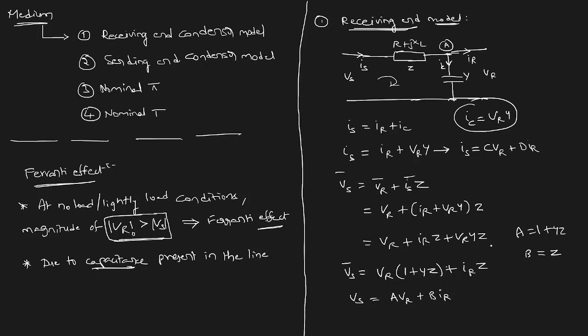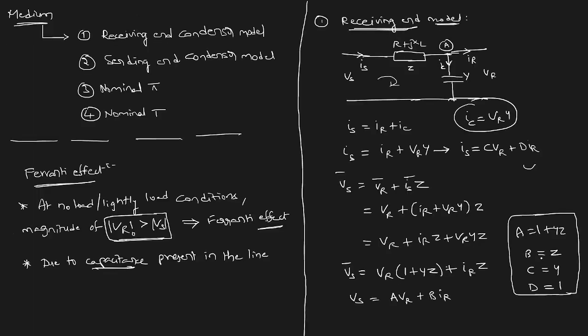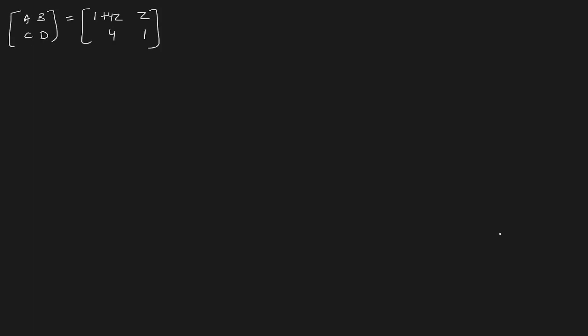If you compare, then the remaining two, C and D, will be: C equal to Y and D equal to 1. Therefore, the ABCD parameters with the receiving end model will be 1 plus YZ, Z, Y and 1. Okay. 1 plus YZ, Z, Y and 1.